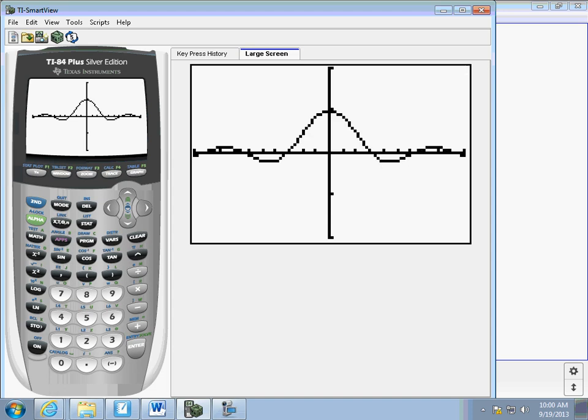Now, why is it doing that? Keep in mind, we're dividing by x.